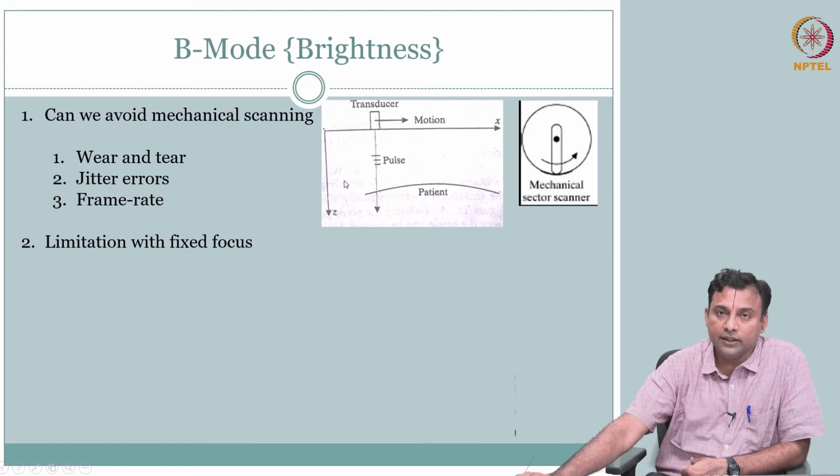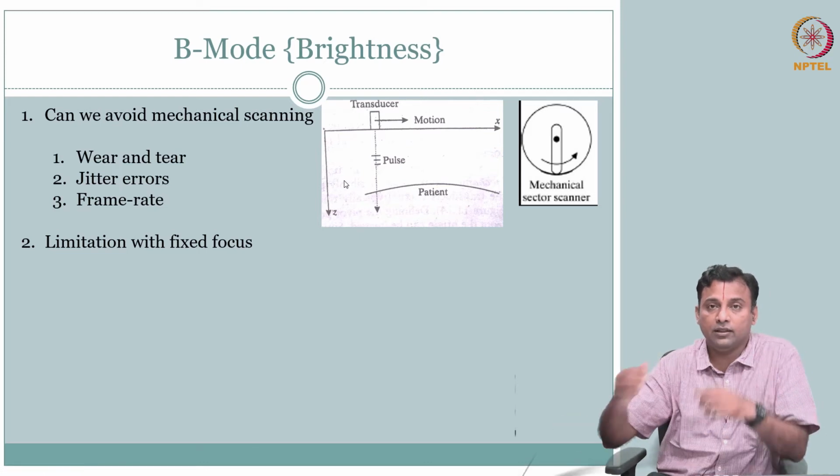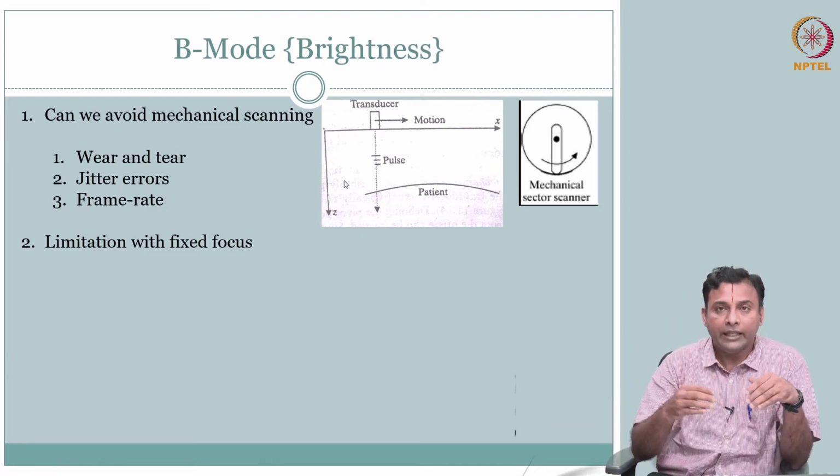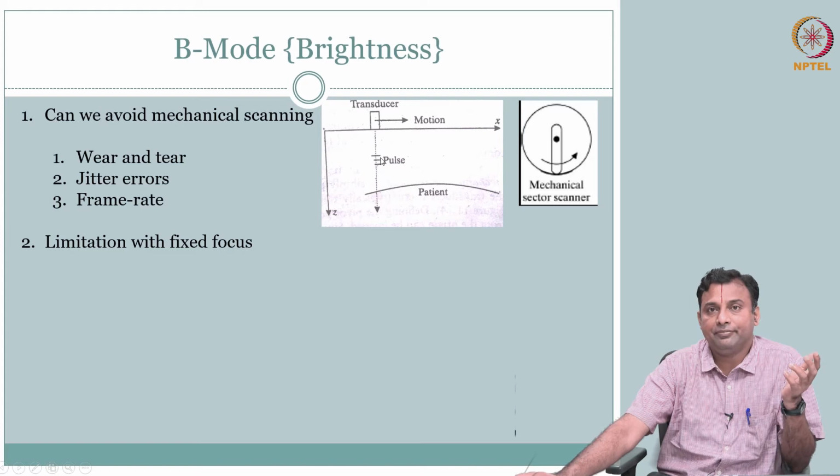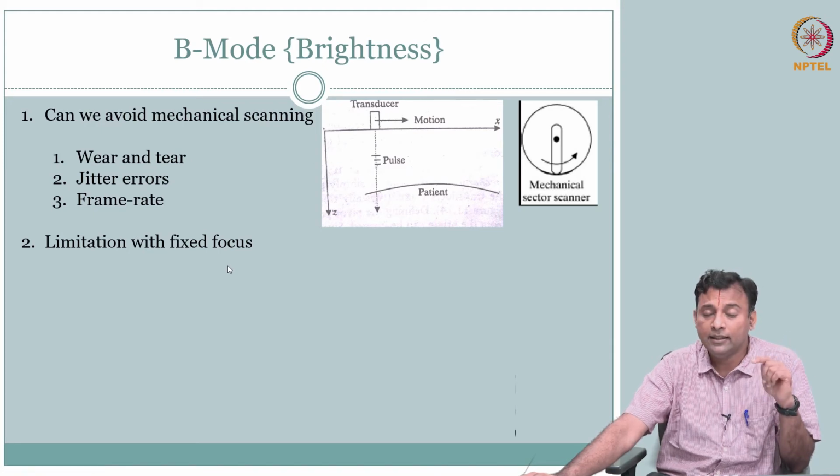You have only fixed focus, not just fixed focus on transmit, the waves that are sent out, even the receive, the echoes that are coming back, they are also going to have the fixed focus effect which was done for that particular curvature of the lens. So this is a big challenge.